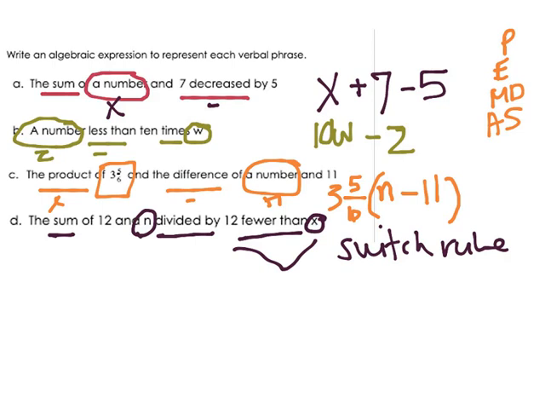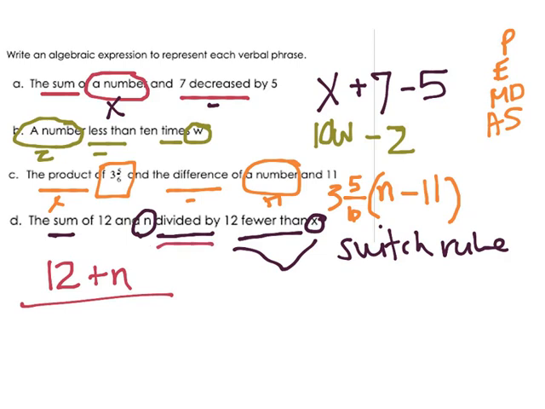So the sum of 12 and n, so 12 plus n, divided by, so you can either put the division symbol, but one way you guys will see a lot is a fraction bar. So 12 plus n, and then the fraction bar tells me that I'm dividing.